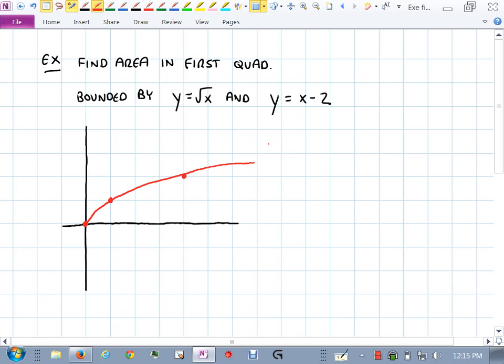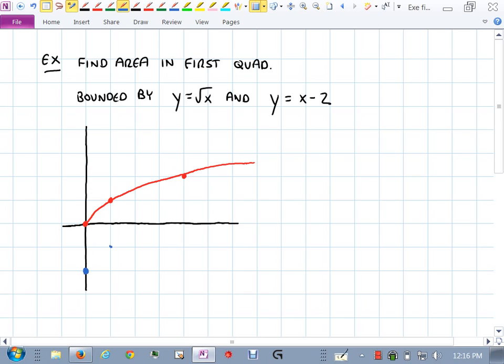And then y equals x minus 2. Where's x minus 2? What's that? Y is at negative 2 and has a slope of what? 1.